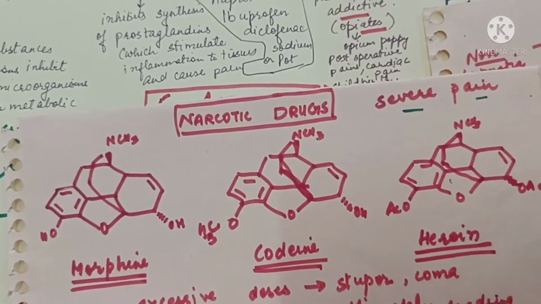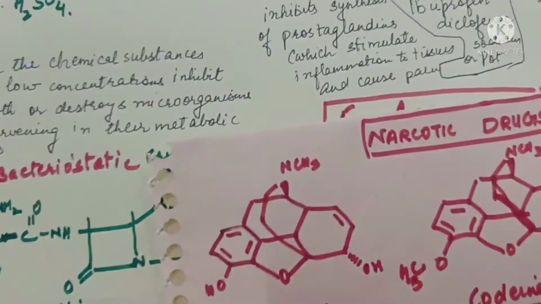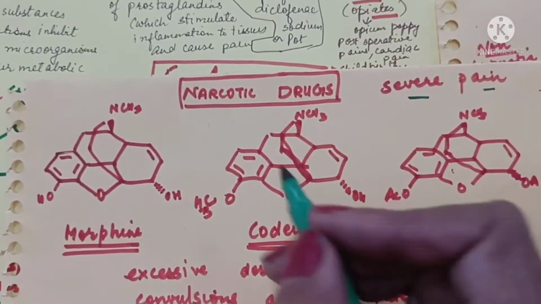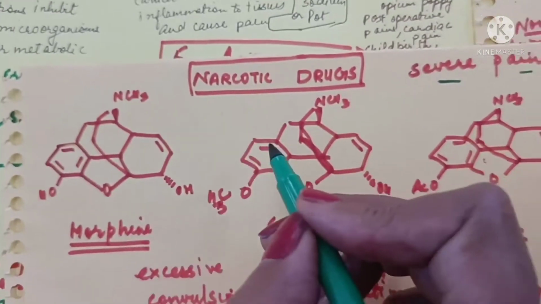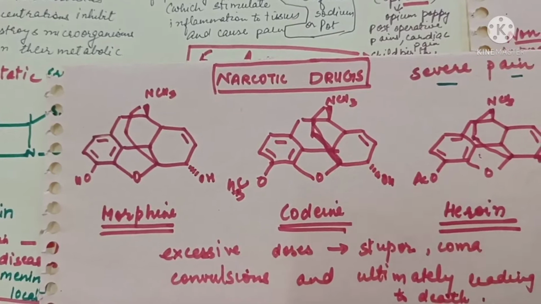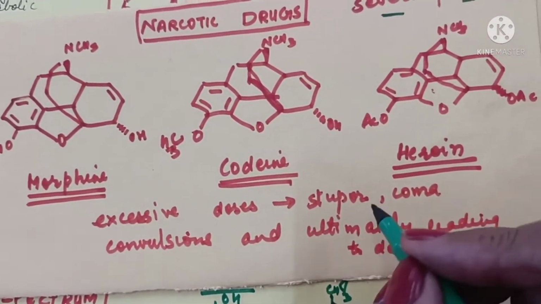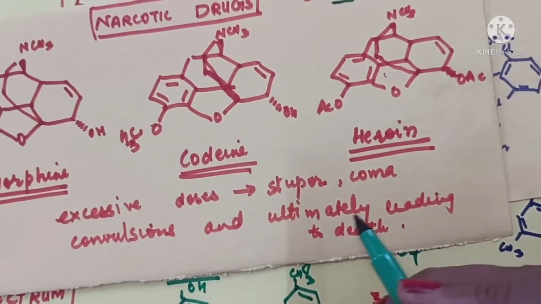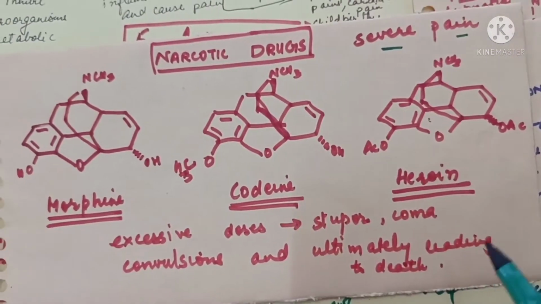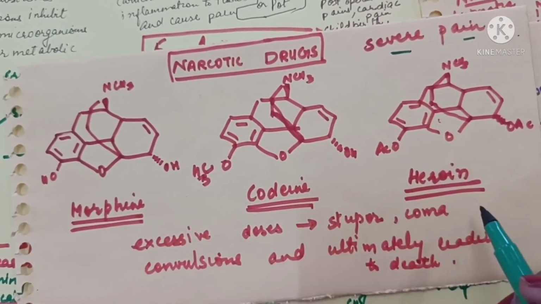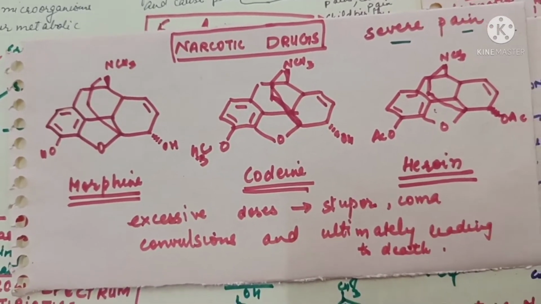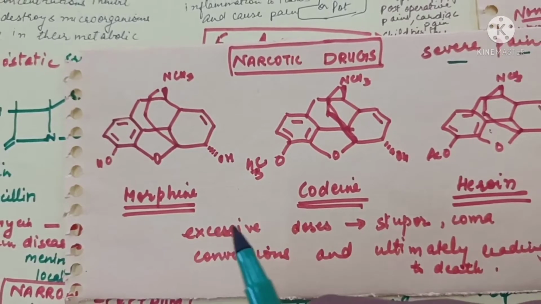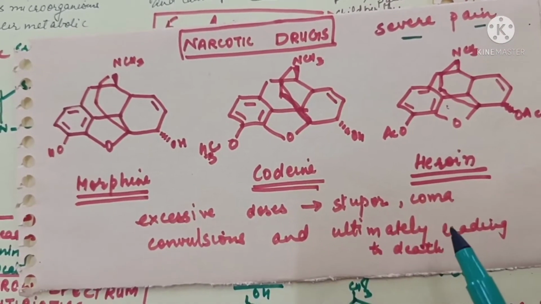In case of angina, these could be used as a reliever of pain. In low doses, they are used as medicines. But if taken in high doses, they can cause stupor, coma, convulsions, and may ultimately lead to death. So they are otherwise harmful and are not taken without prescription from a doctor. These are habit forming and can cause bad effects also.